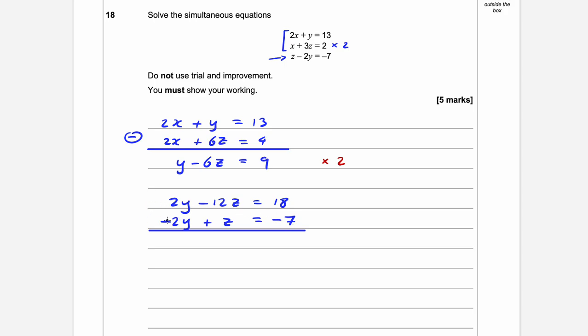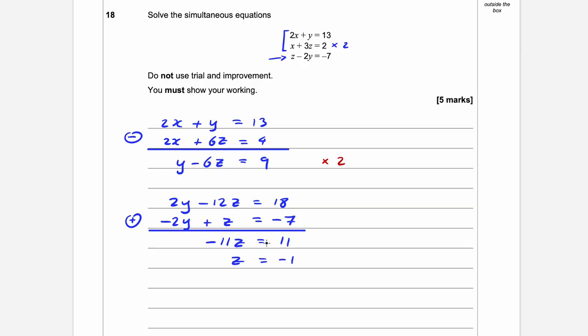So different signs add. So we'll add these. They're gone. Minus 12 plus 1 is minus 11. So it's minus 11z. Minus 11z is equal to 18 minus 7, which is 11. So z is equal to -1.